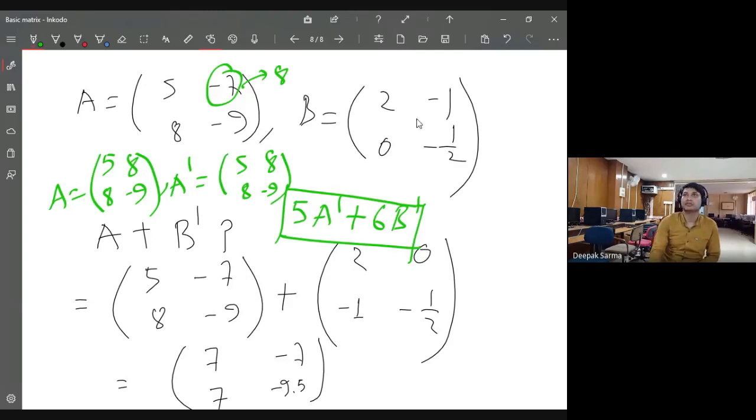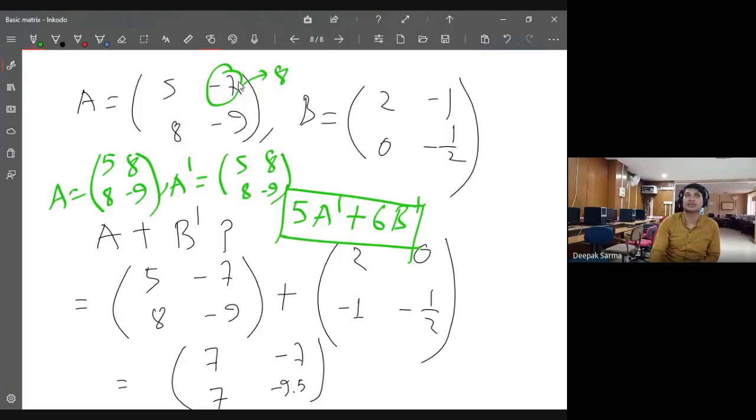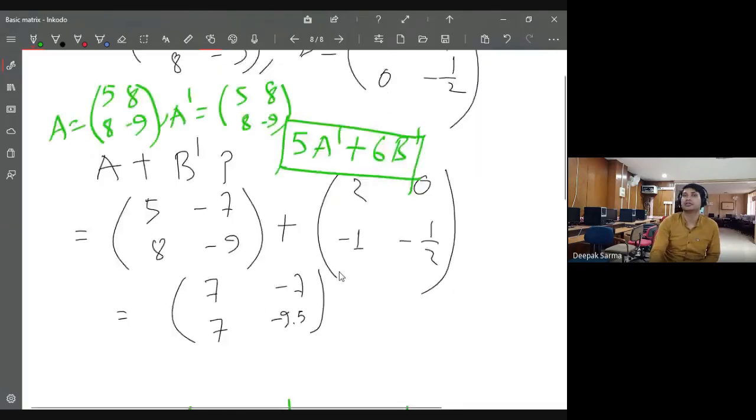But we have a problem with off-diagonal entries. In the case of a 2 by 2 matrix, we have only two non-diagonal entries. So if they are the same, I will get A equal to A transpose.